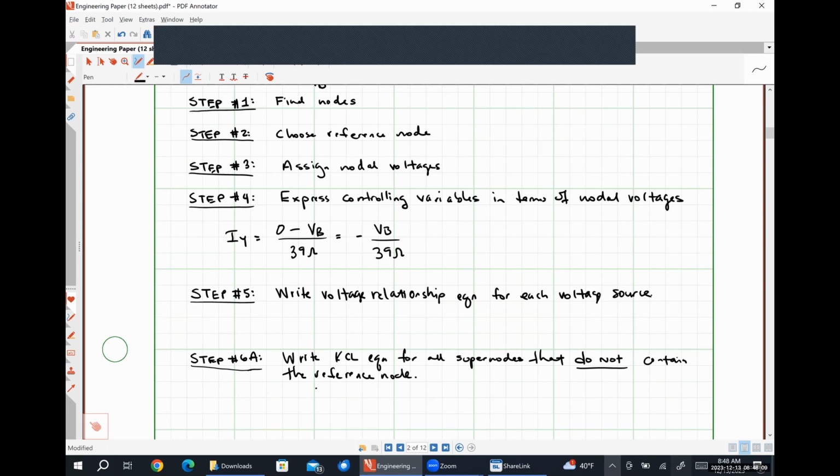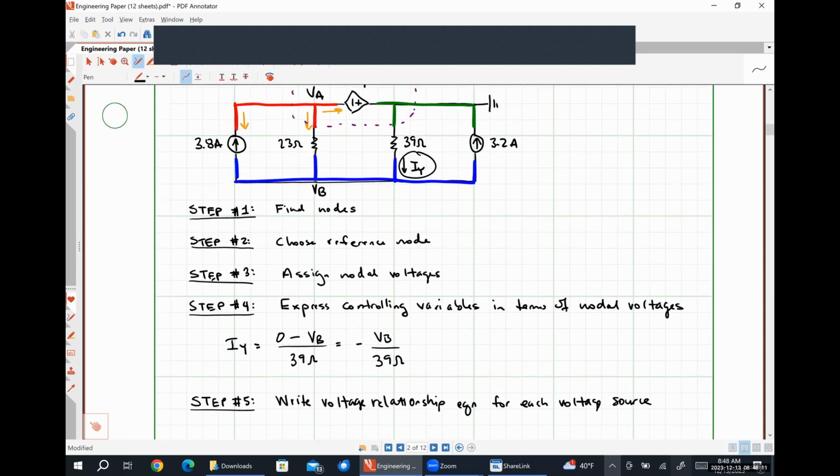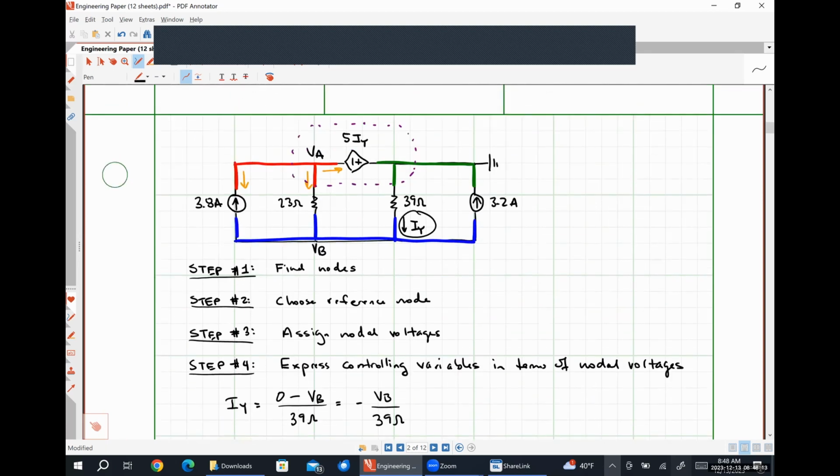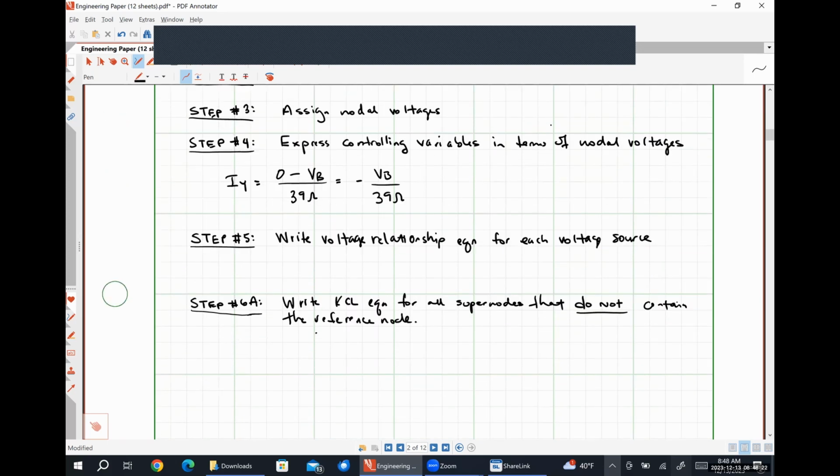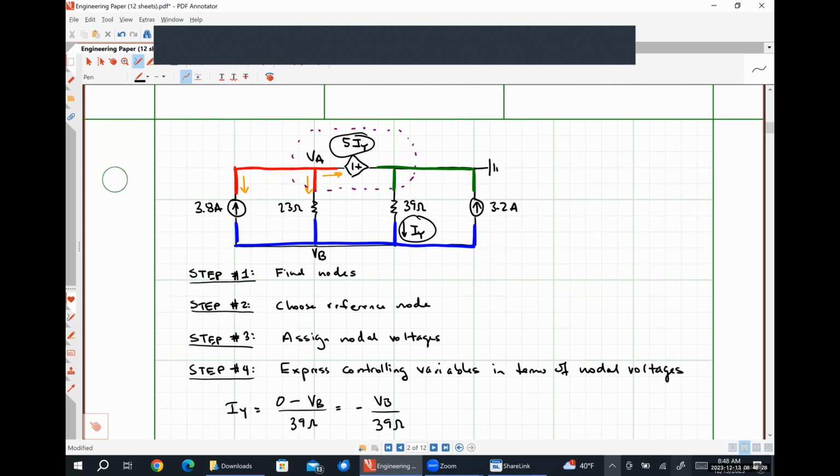So let me explain what I mean by that. We're going to take whatever voltage that we were given. In this case, the voltage drop supplied by our voltage source is 5 IY. So I'm going to have 5 IY is equal to, all right.